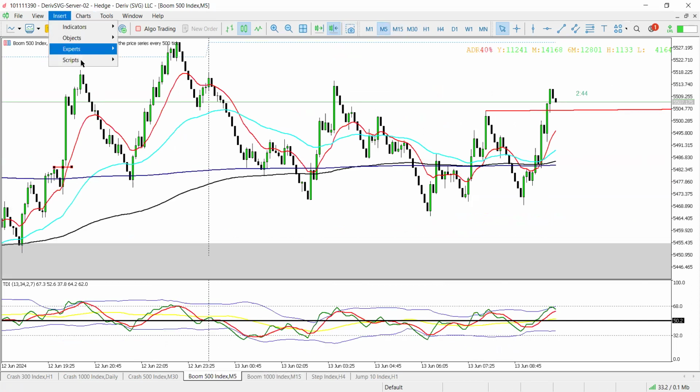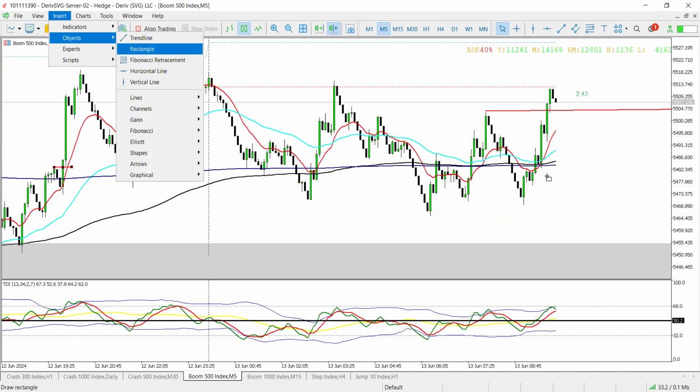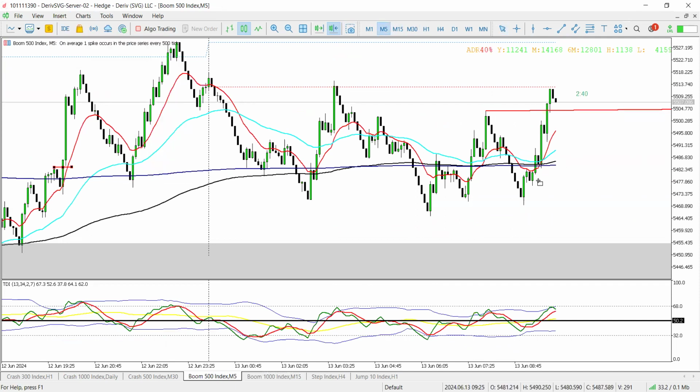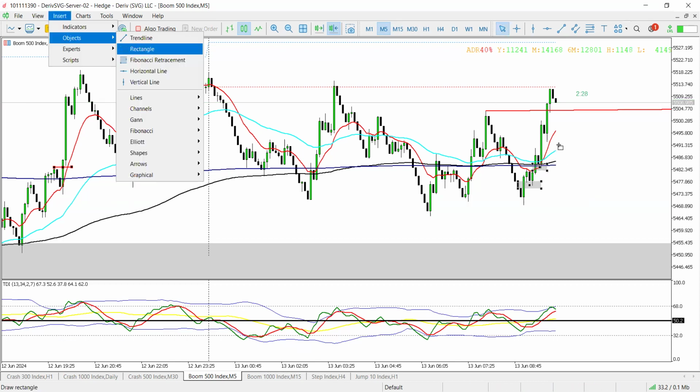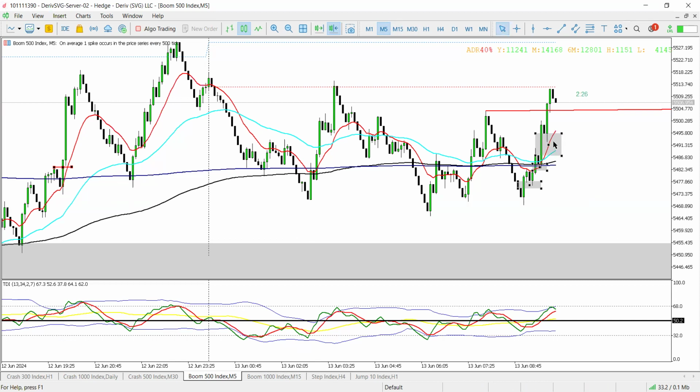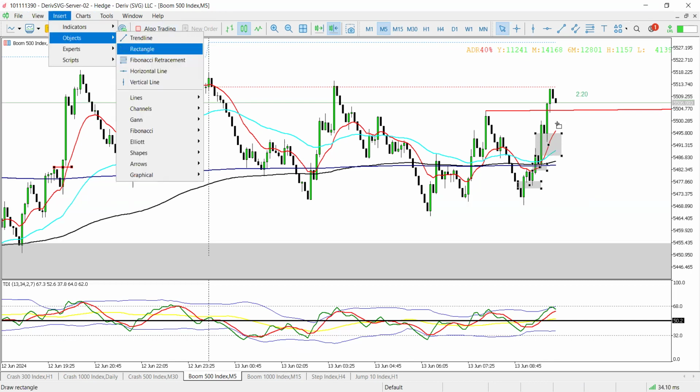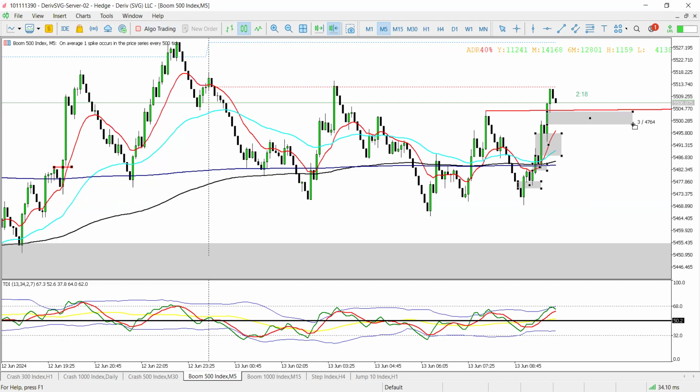I would love to get a retracement. So from where price is coming from, you can see from this imbalance, retested and filled. This imbalance retested and filled. And this imbalance retested here and filled.